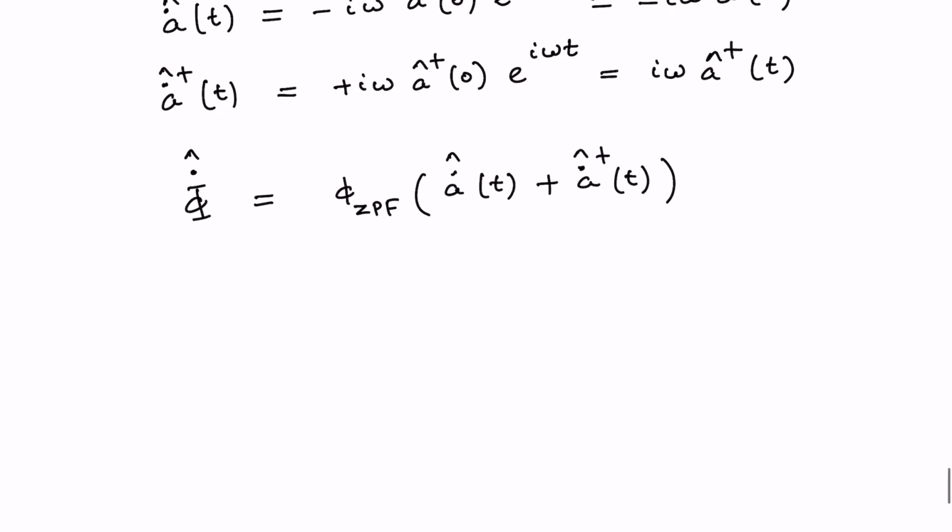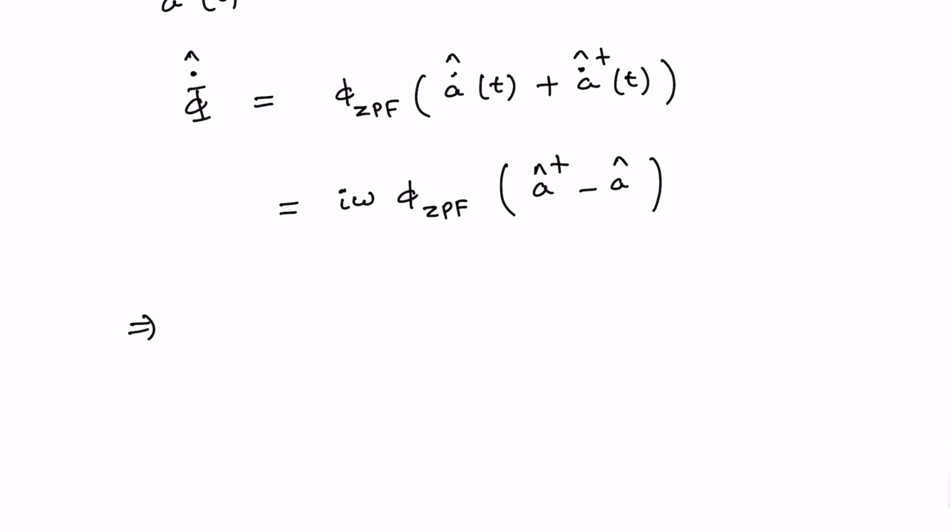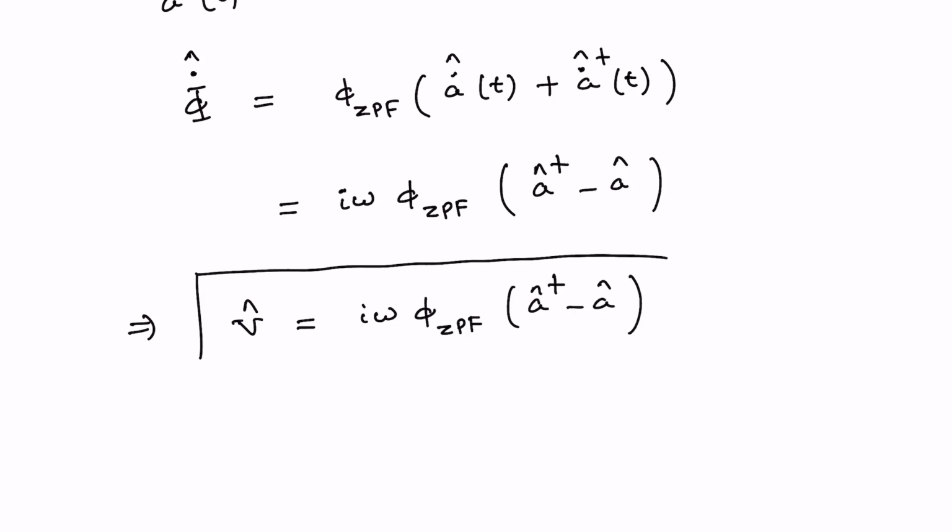So you can get that this would be nothing but i omega phi zpf (A dagger minus A). And this means the voltage operator can be written as i omega phi zpf (A dagger minus A). And in the lecture class I have just written it in this form without giving you any explanation.